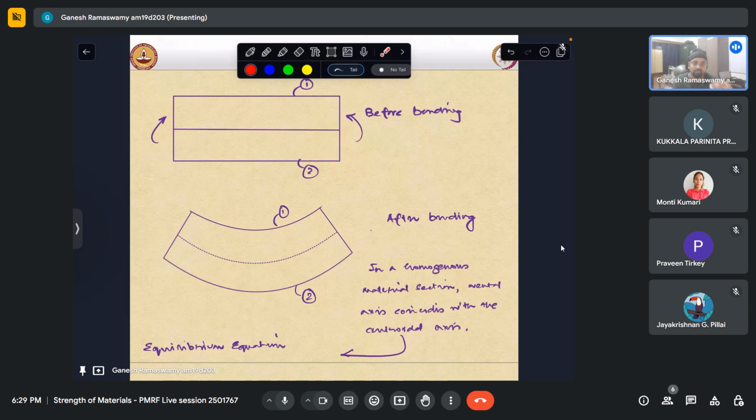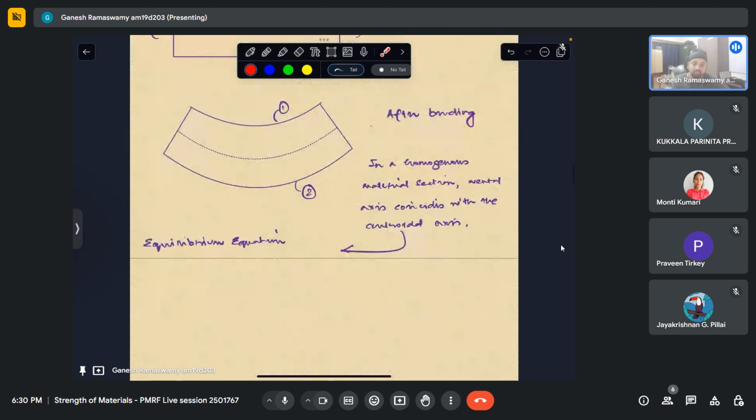Presently, we are just looking at the first steps to bending. So this is something to be kept in mind: the neutral axis of a homogeneous section will pass through the centroid of that cross section. In other words, the centroidal axis of that cross section will not change its length under pure bending. This is the conclusion we can draw from that. I hope that is clear.